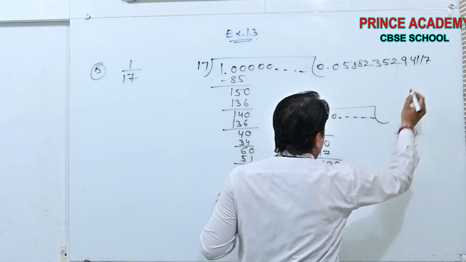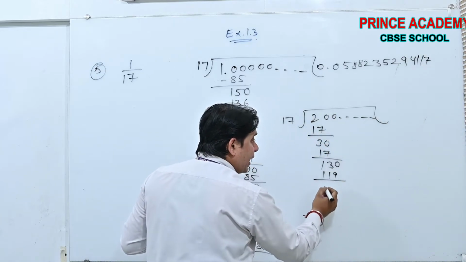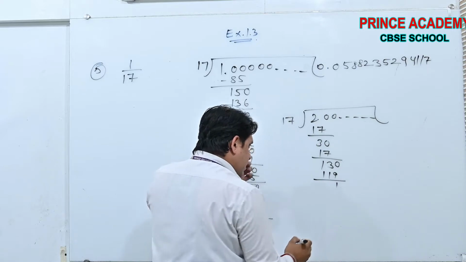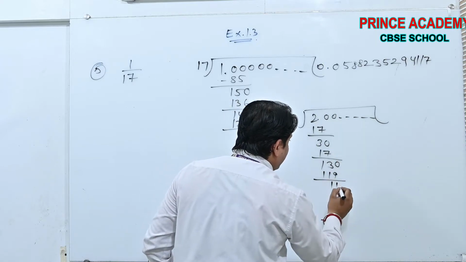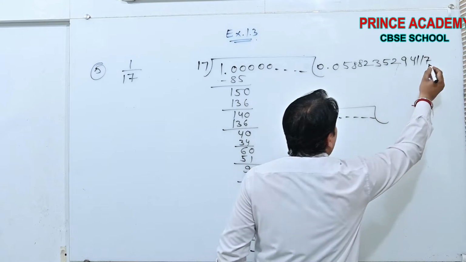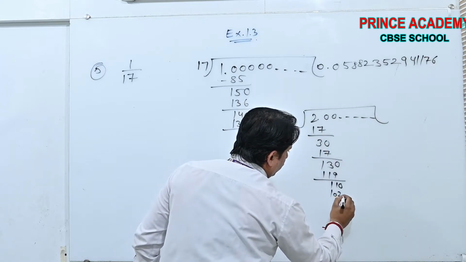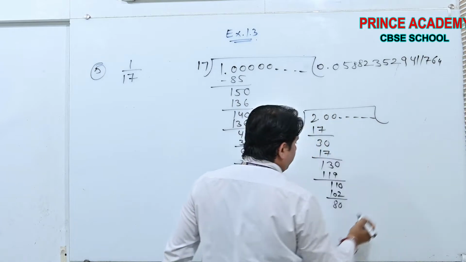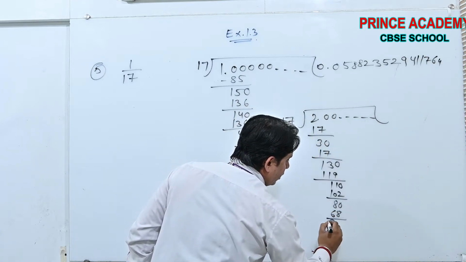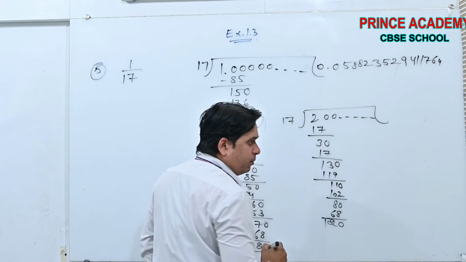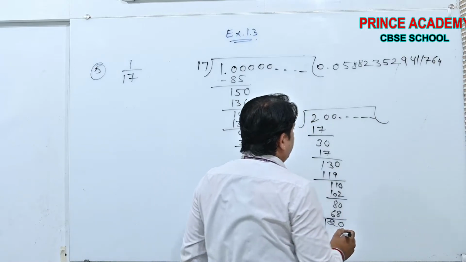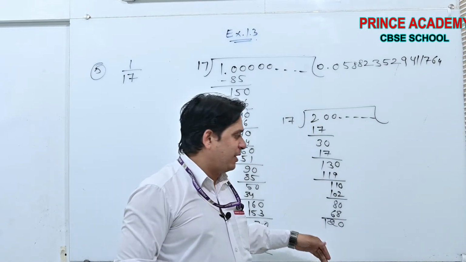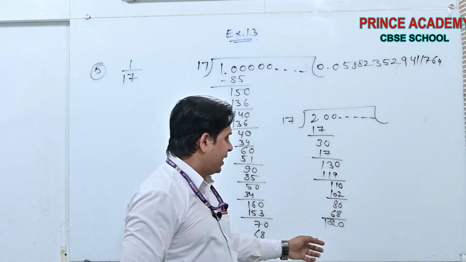Okay, 7 times 119. Again what will it be? 1 and 1. Then take 0. 17 sixes are 102. 8, 0. 17 fours are 68. 12, 0. Yes or no? See beta, 17 fives are 85. 17 fours are 68.